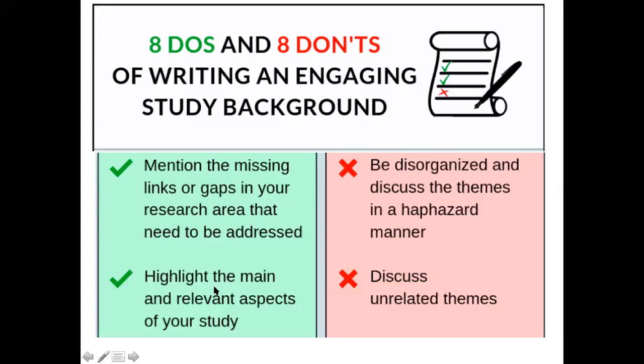And then you have to be able to highlight the main and the relevant aspect of your study. Usually the students start with a very broad statement, even though the student wants to do research on vocabulary and reading only.